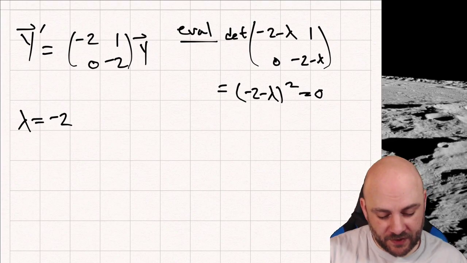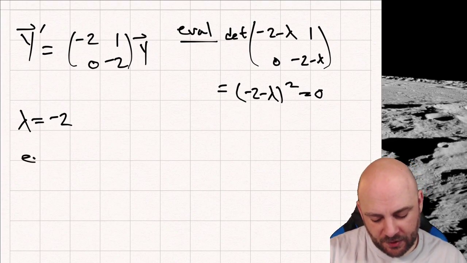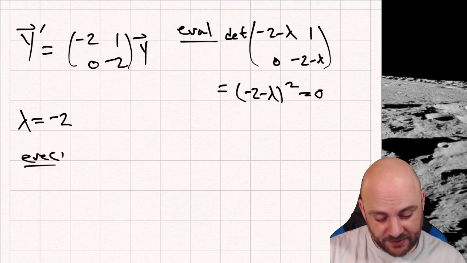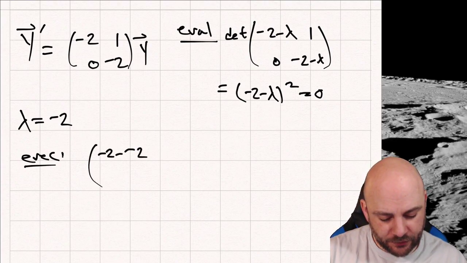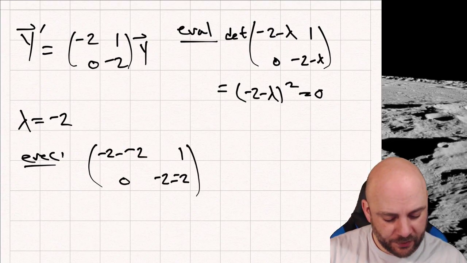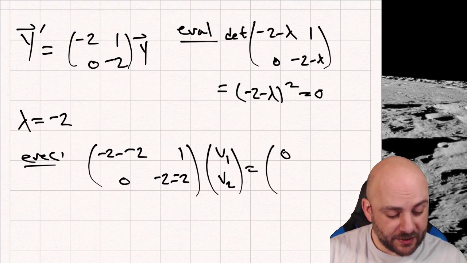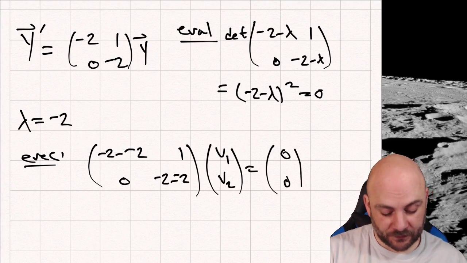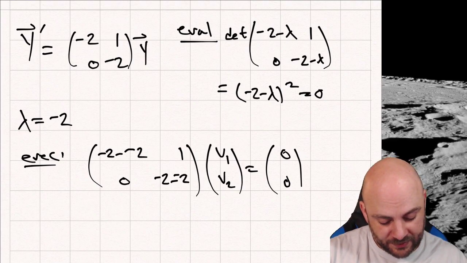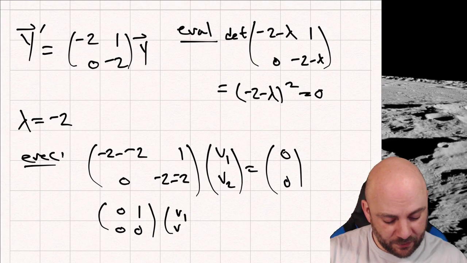Okay, fine. Let's find the eigenvector. My eigenvector in this case is going to satisfy negative 2 minus negative 2, 1, 0, negative 2 minus negative 2, multiplied by an unknown eigenvector, and we set that equal to the 0 vector. What we've got is 0, 1, 0, 0 times v1, v2 equals 0, 0.